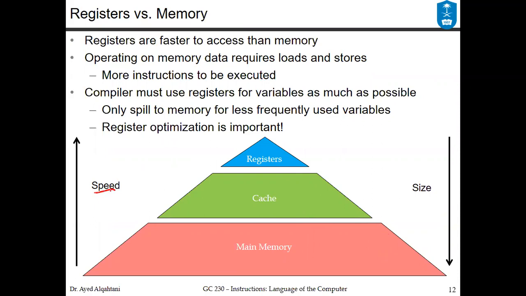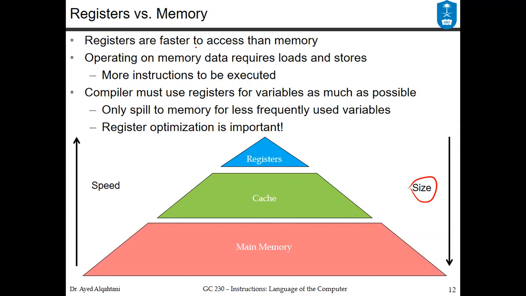Comparing this speed-wise, it follows this arrow. So the registers are the fastest. The main memory is the slowest. Size-wise, the registers are very small. It's limited, only 32. The main memory has a lot, millions actually.